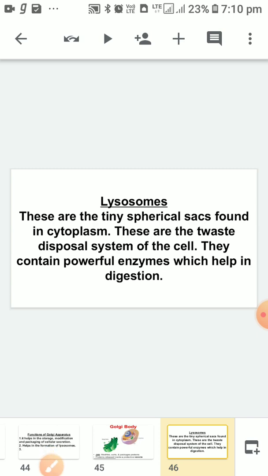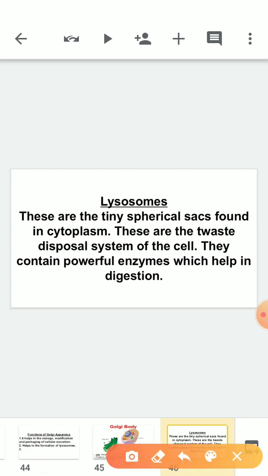Next organelle is lysosomes. These are the tiny spherical sacs found in cytoplasm. These are the waste. Children, look here. If this waste spelling is written wrongly, it is actually waste. T is written wrong. These are the waste disposal system of the cell.